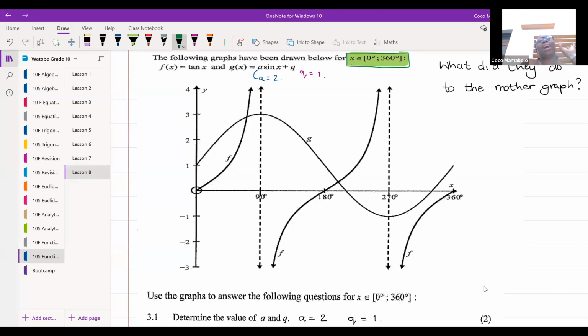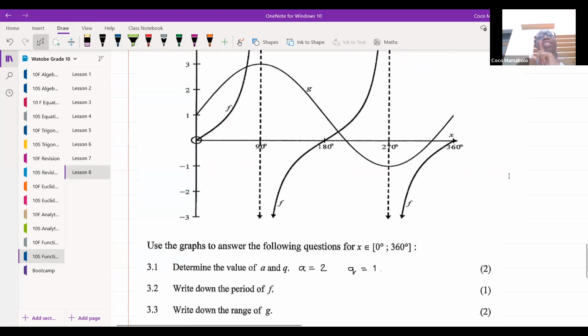Good. My tan graph, even though it's two of them, they've told me that these two graphs need to fit between 0 and 360. So our period normally would be 180 for a tan graph, but they've given us the domain. So the period of this graph over here would be 360.